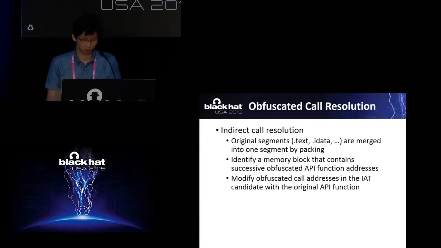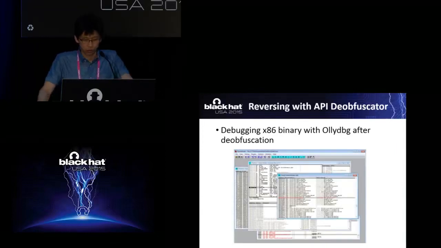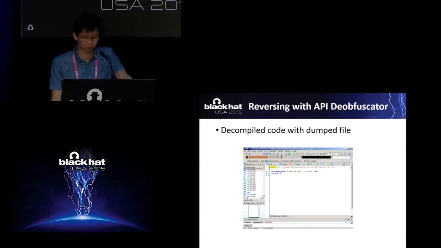It is a heuristic, so we need to improve it. And at OEP, we need to modify the obfuscated call addresses in the IAT candidate with the original API function. After doing this, we can debug the x86 binary with only a debugger after deobfuscation. And we can dump it to an executable file, decompile and disassemble it, and do static analysis.